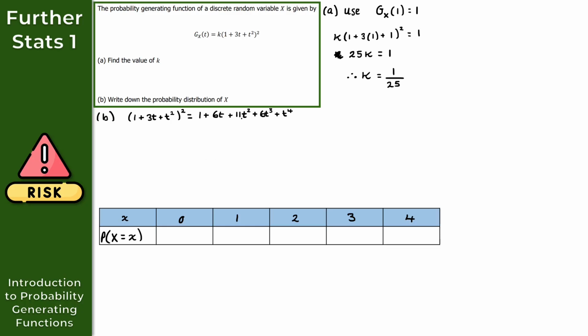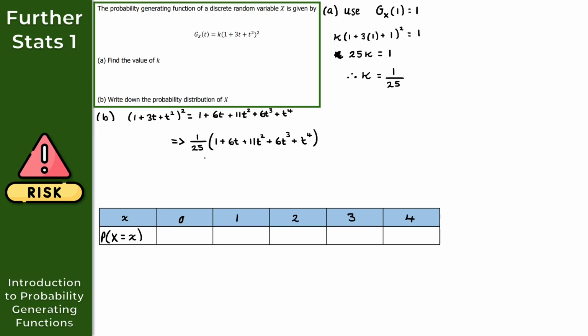Okay, so in that case, to find the coefficients, we now need to multiply this here by 1 over 25, by k in other words. So what I get is 1 over 25 times this here. So I've got 1 plus 6t plus 11t squared plus 6t cubed, and then finally plus t to the power of 4.